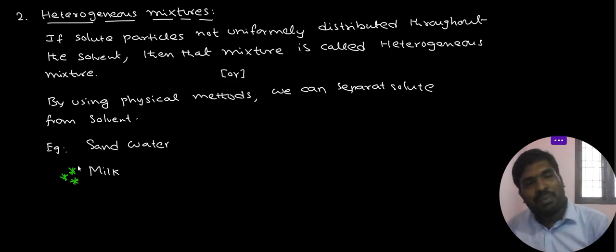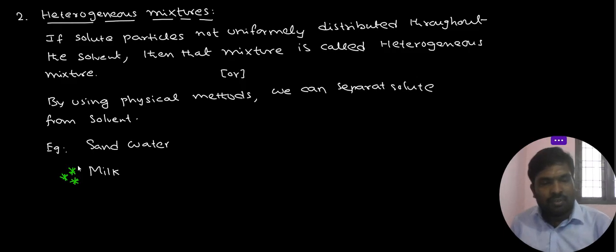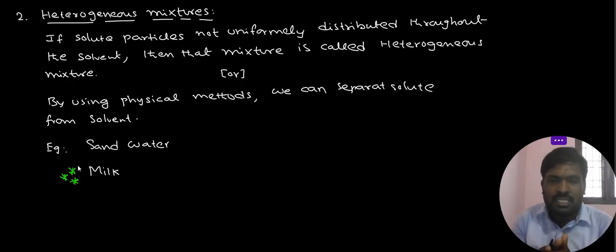Physically it appears homogeneous, but it is heterogeneous. By using the churning process, we can get two different layers, one is foam, another one is liquid. That's why we consider it a heterogeneous mixture.